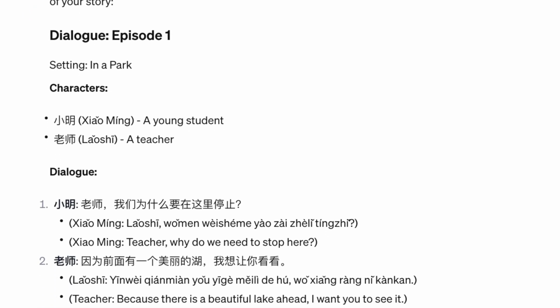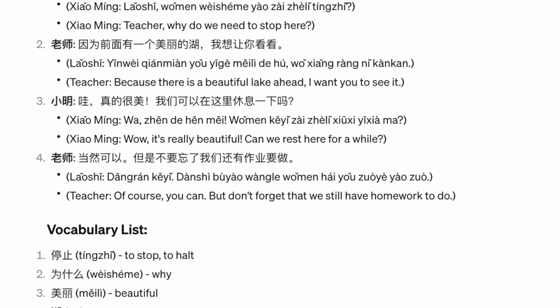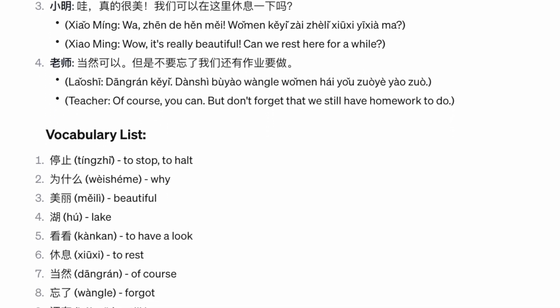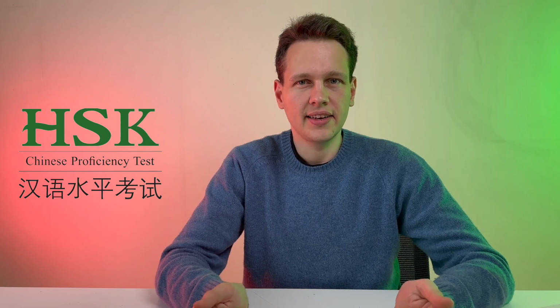And that just wasn't around. So then I just went to ChatGPT and asked it to make a dialogue with 停止 for me. By the way, one method to get the right level of difficulty in your dialogue is to tell ChatGPT to use a specific level of HSK, and then you'll get exactly the level of vocabulary that you want to learn.